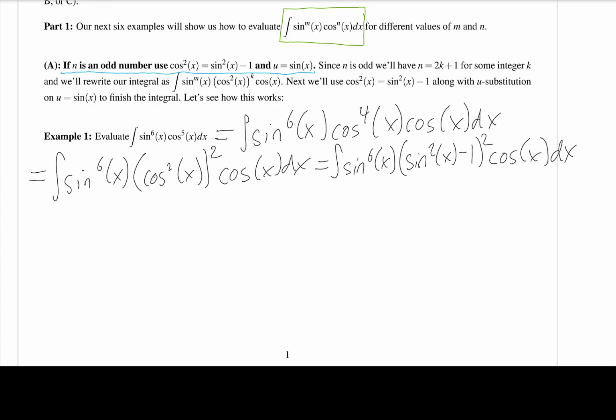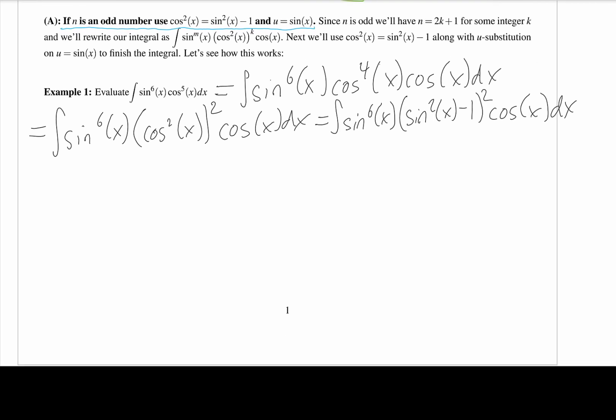Now we're going to do u substitution. The way we do our u substitution is we use u equals cosine of x, which means that du over negative sine of x will be equal to dx. So then this becomes the integral of, I'm sorry about this.